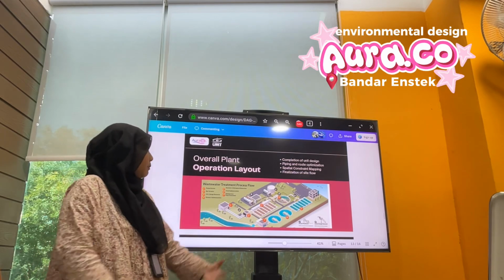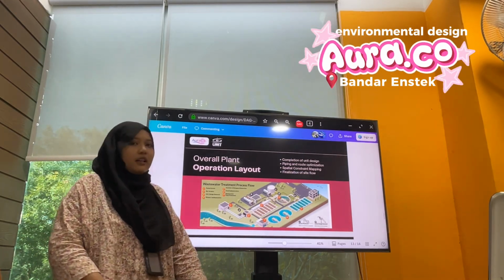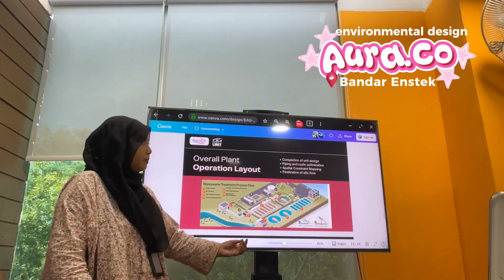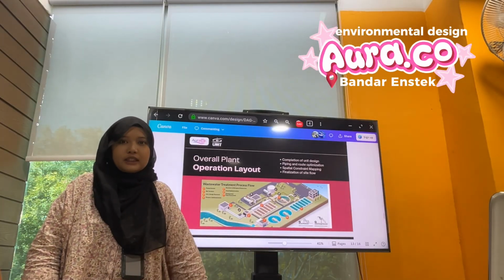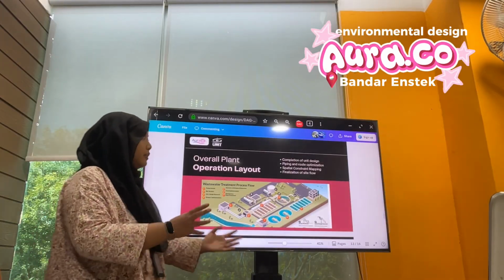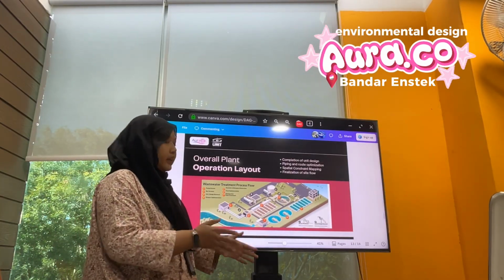Okay, for the overall plan operation layout, as me and my friend already presented just now, we have completed most of the unit operations, and right now we are focusing on combining all the unit designs into one treatment plant.